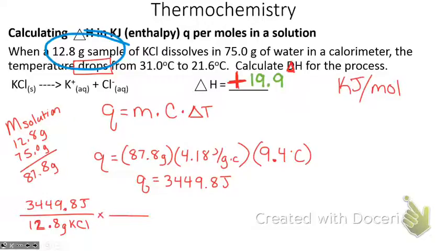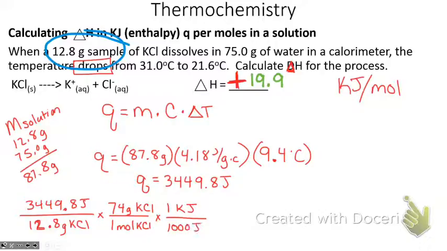So my next conversion, I'm just going to quickly convert from grams to moles. If I have grams down here, I have to have grams up top here to cancel. So I'll put 74 grams KCl for every 1 mole. Great, that flips me to moles, and I've got to do one more conversion and convert from joules to kilojoules.